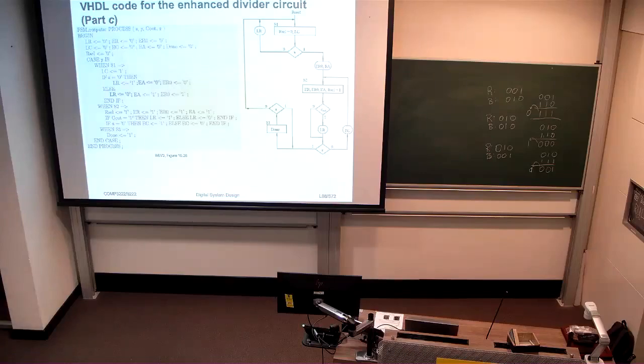So this is literally just a transcription of what we see here in this ASM chart. So when we're in state 1, we want to set LC to 1. RCell is already set to 0, so we don't need to worry about it. And if S is 0, then we set LR to 1.